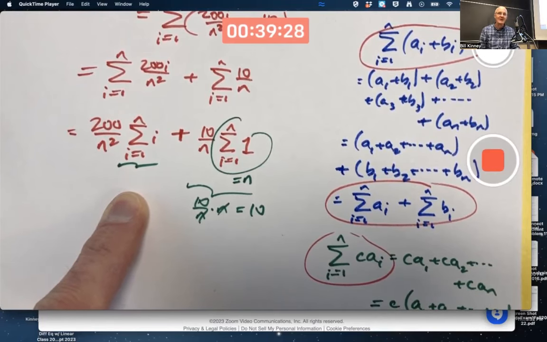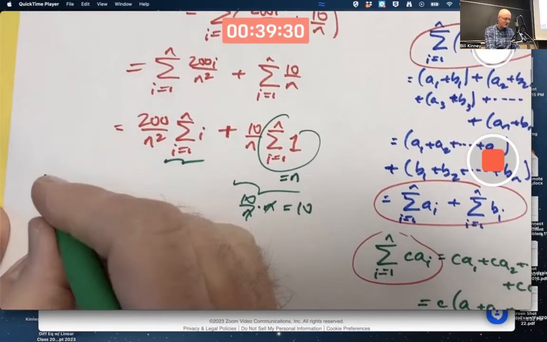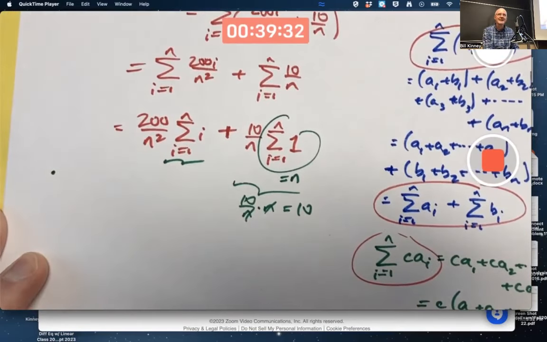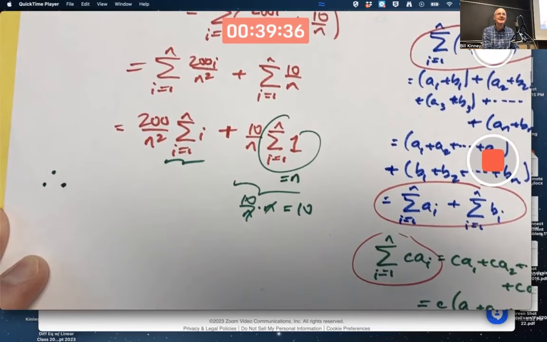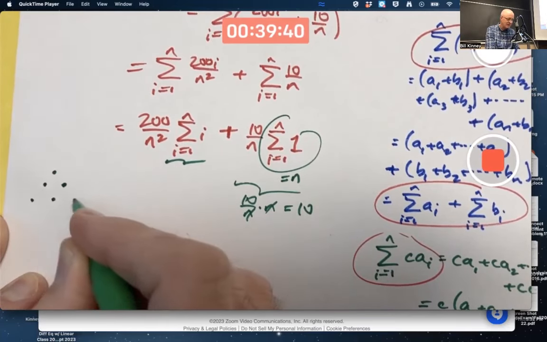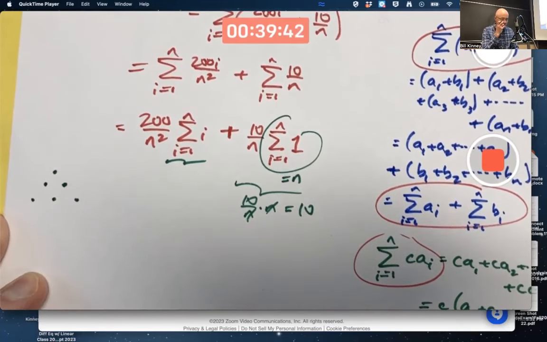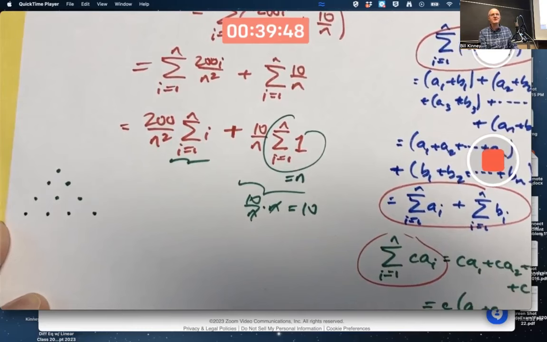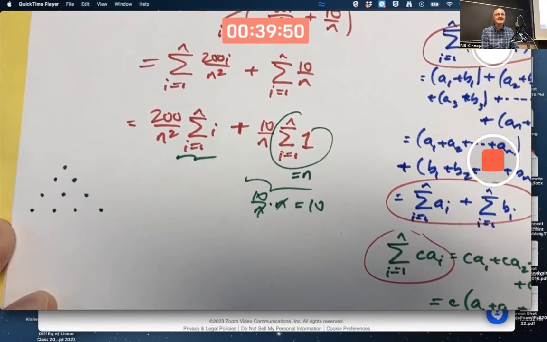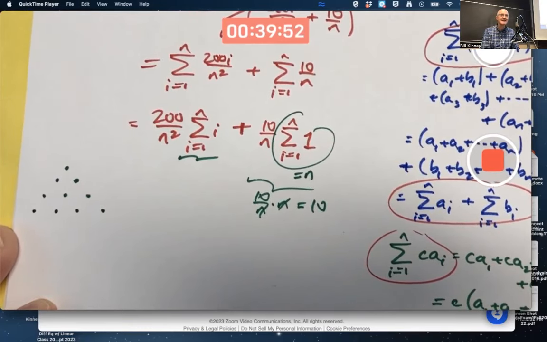Because they form triangles. If n is 1, it's a triangle with 1 dot. If n is 2, it's a triangle with 1 plus 2, 3 dots. If n is 3, 1 plus 2 plus 3 dots is 6 dots total. If n is 4, that's like bowling. 1 plus 2 plus 3 plus 4, 10 dots for 10 bowling pins.